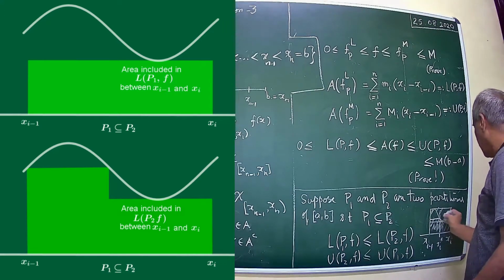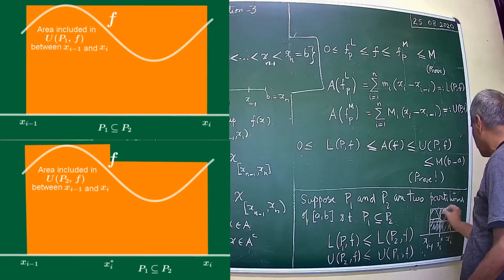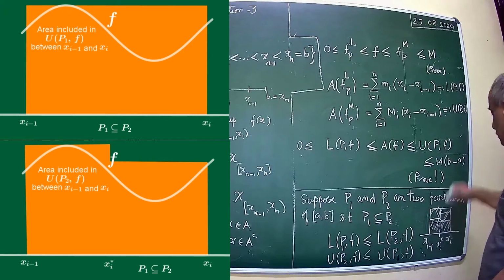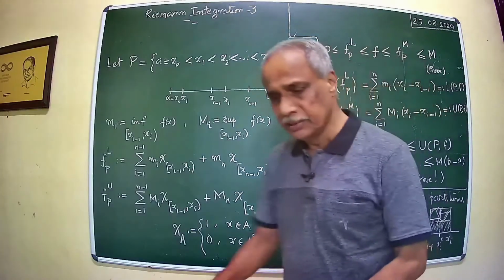Similarly, for the upper one you are going to lose some area here, which means your step function will move closer to the actual function. So that's the reason for this inequality, and that you have to prove explicitly.